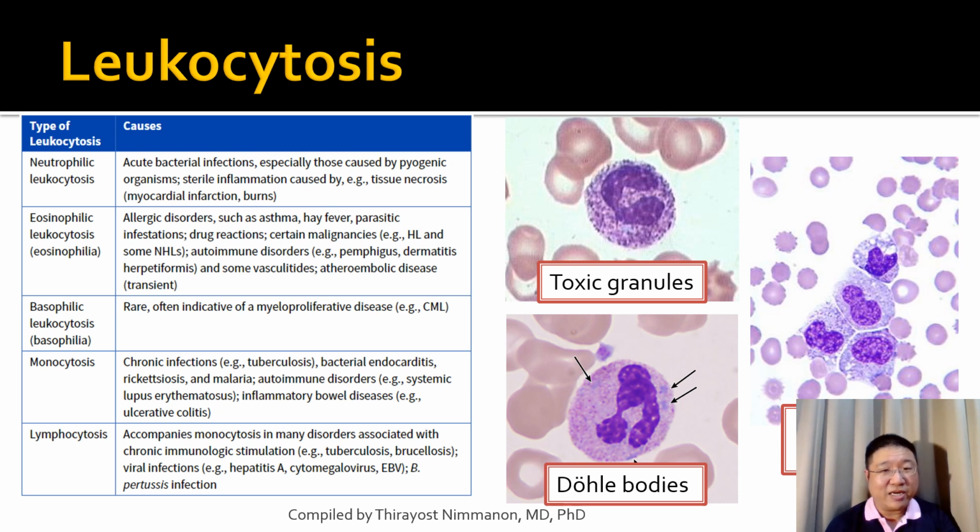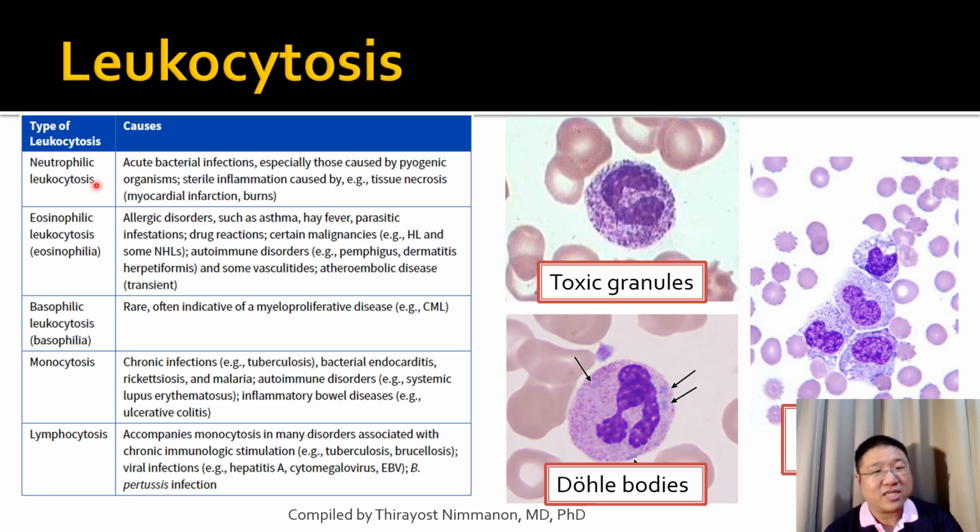Leukocytosis can be classified into different types according to the predominant type of cells. So if the predominant type of cells is neutrophil, it is neutrophilic leukocytosis.